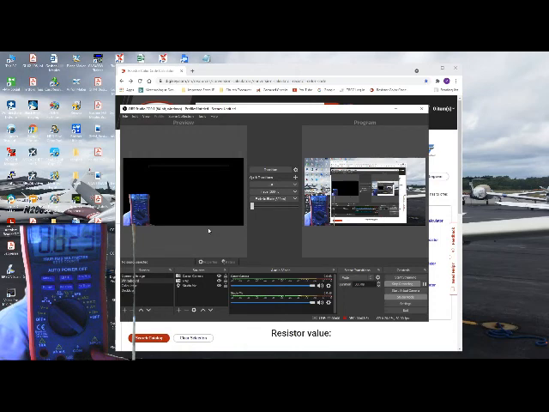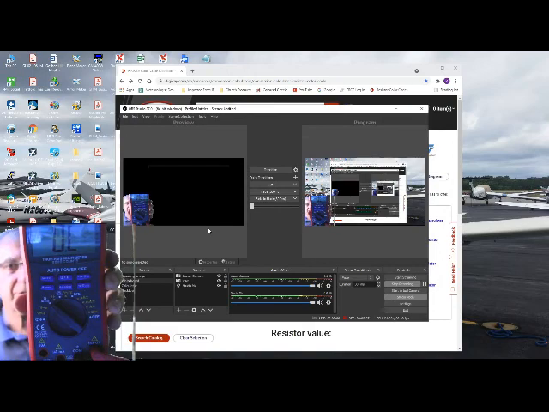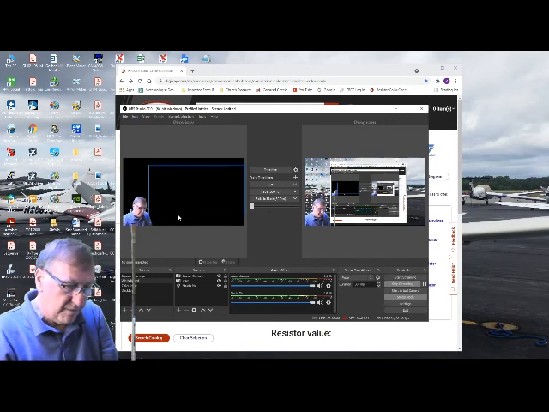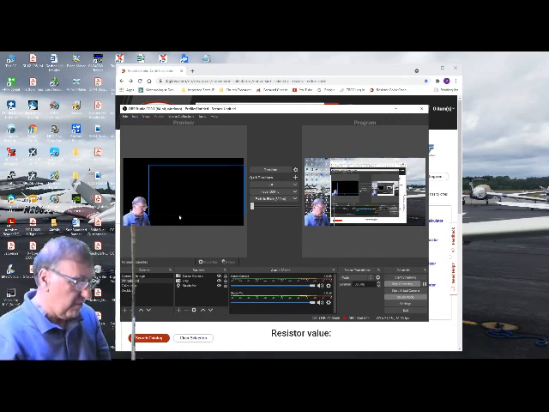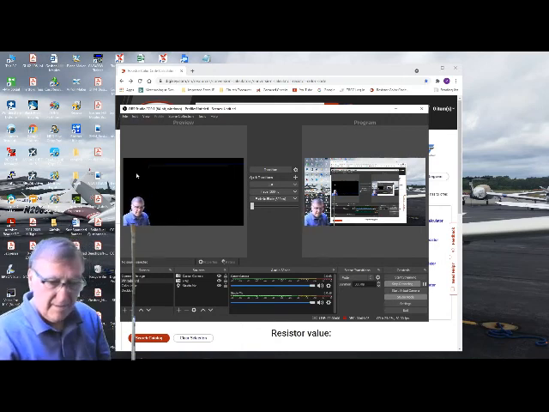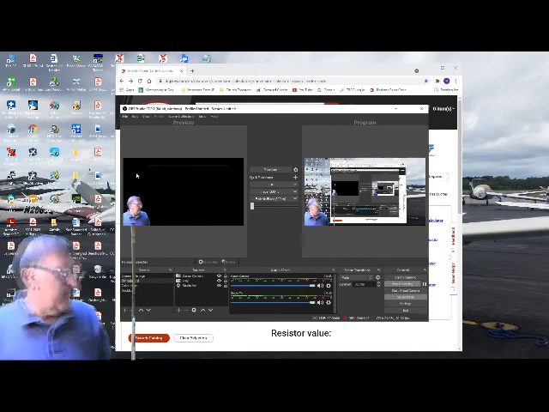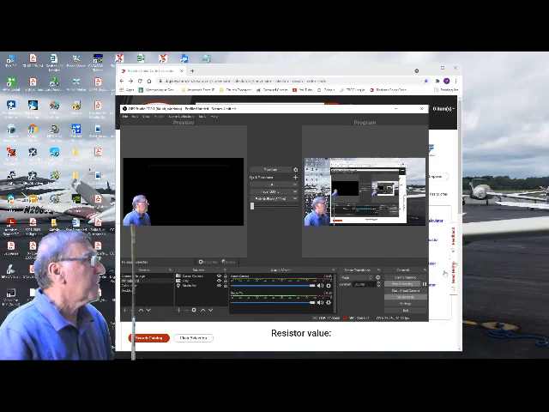Okay, so it's 0.824 kilo ohms. So that's 824 ohms. So now what we'll do is we'll go to DigiKey here. Just set this meter aside.